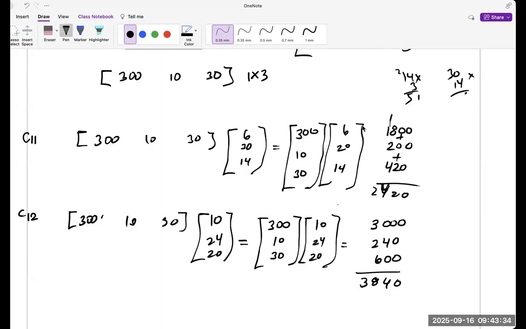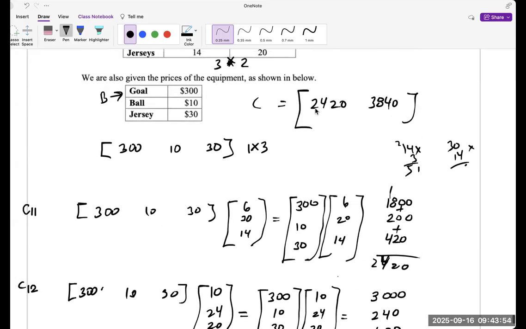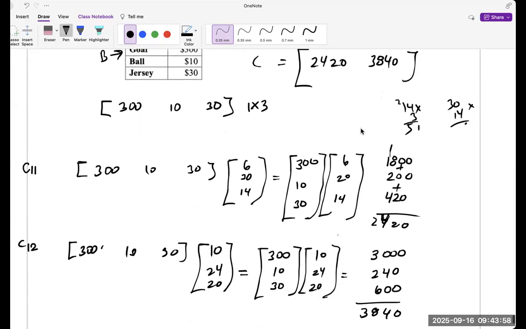I think I went a little too quick and I did 14 times 3. One of these calculations I did incorrectly in the first answer here. So I think it should be 2520, I believe, and this would be 3840.